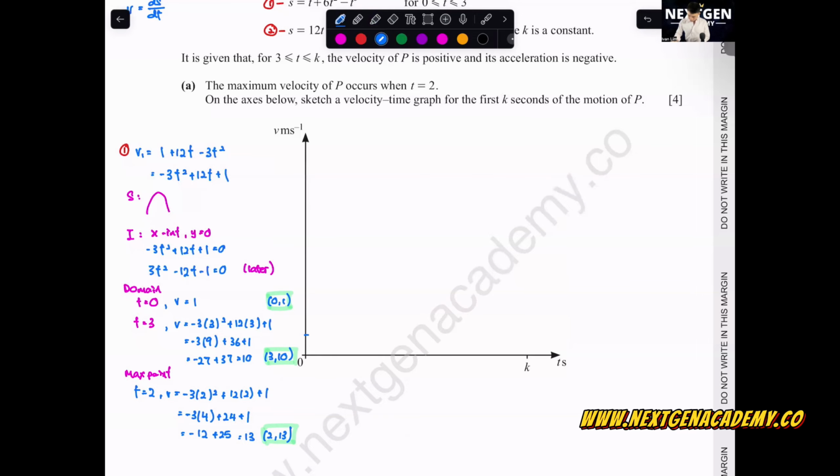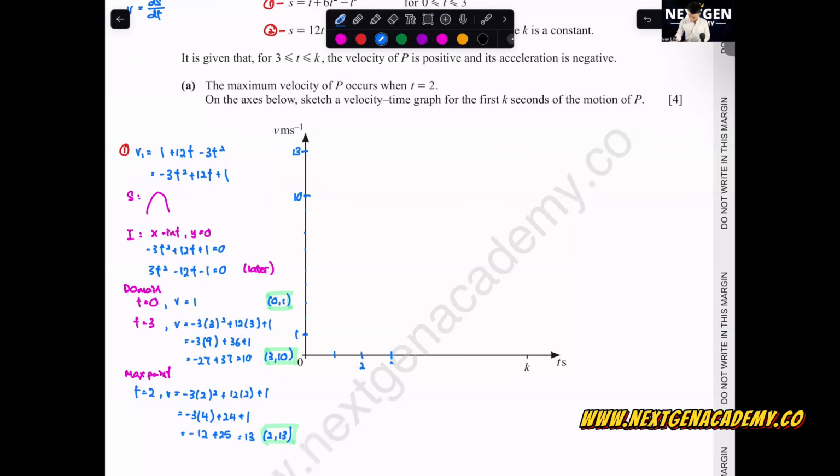Here you got 1, 2, 4, 5, 6, 7, 8, 9, 10, around here 10. Then let's put here 13. Then here 1, 2, 3.